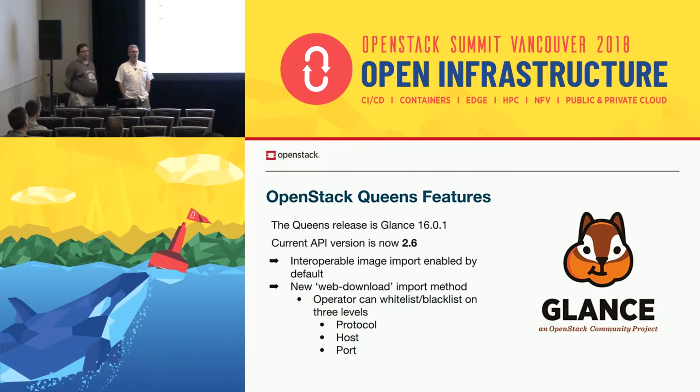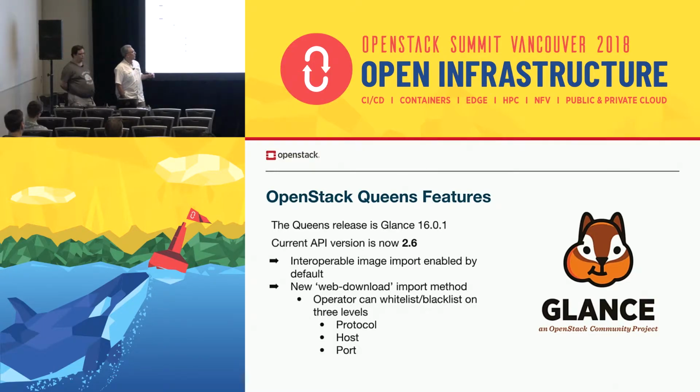The interoperable image import feature that we started in the previous release, Pike, is now enabled by default. There's still an option, but now it's on. And there was a new web download import method introduced. It implements basically the old copy-from that was very popular in the version 1 API, but which was not implemented in v2 on purpose because it has some security problems.